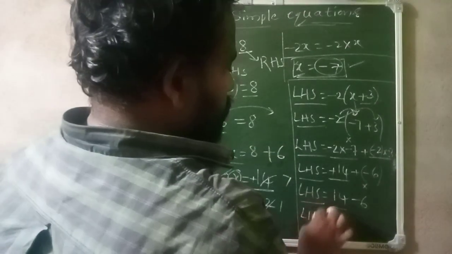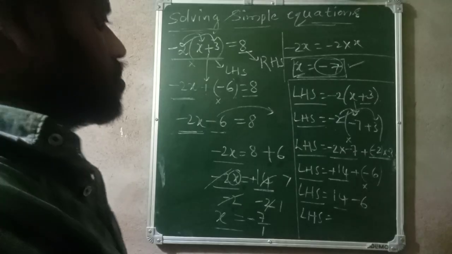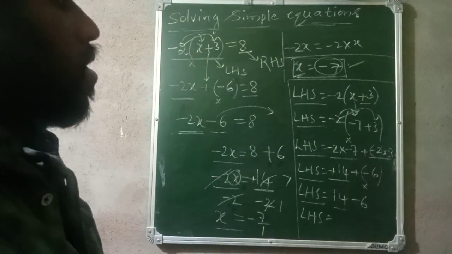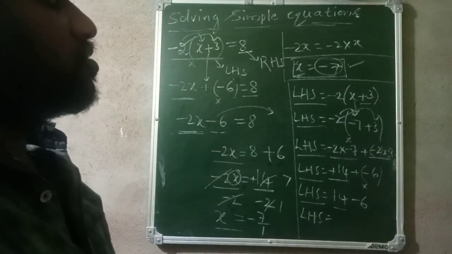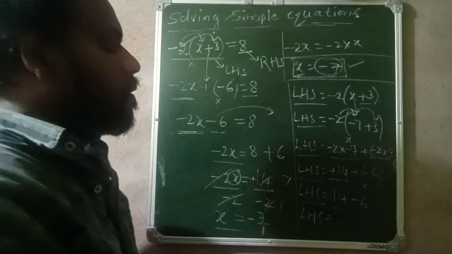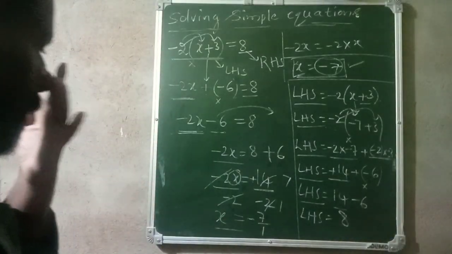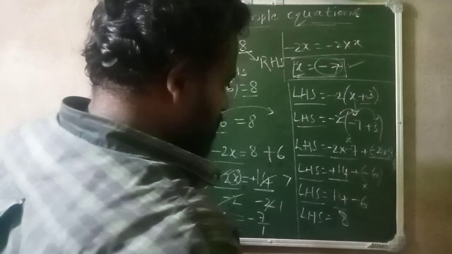So next step, LHS is equal to, now 14 minus 6. 14 minus 6 is how much? So 8. Okay, 14 minus 6 is 8.